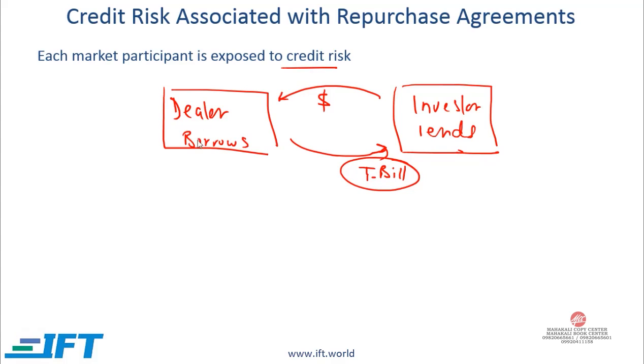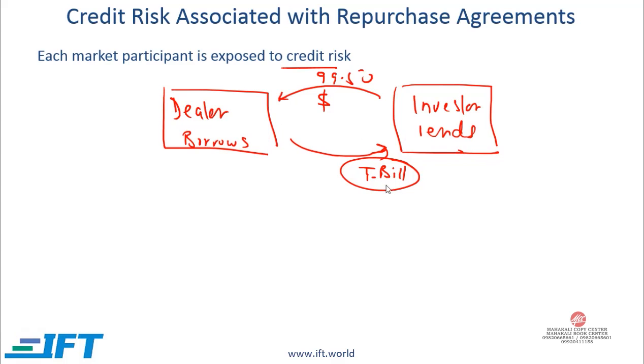Let's say we have a dealer who is the borrower and an investor who lends money. In a 5-day repo, the dealer initially sells the T-bill for a certain amount of money, let's say 99.50. So the dealer gets the money and the investor gets the collateral, which is the T-bill.